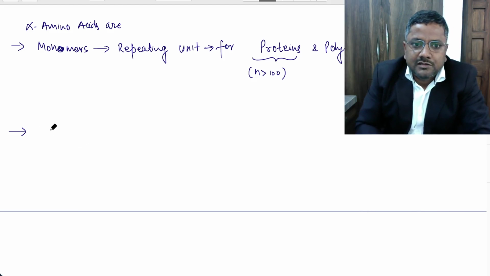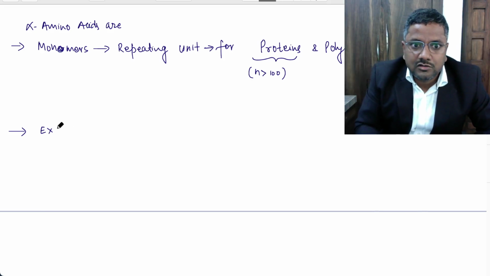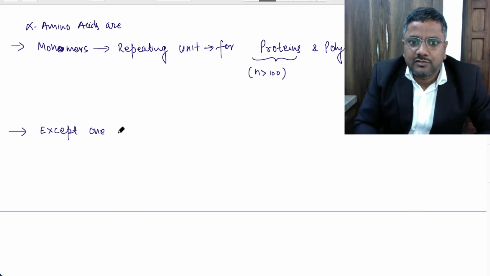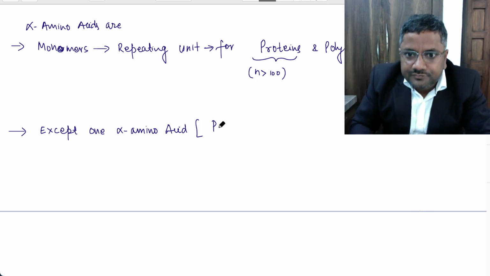So we can write here: except one alpha amino acid. Which one is that? That is known as proline, right?